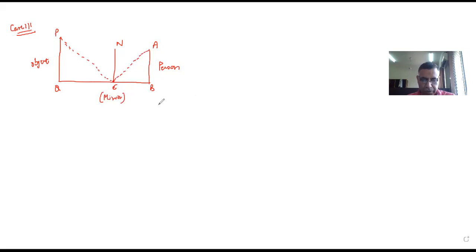So what is my question? He's saying in the above figure, a person is of height 160 centimeter. The mirror is placed at the point C, which is at a distance of 600 centimeter from the object and at a distance of 200 centimeter from the person.